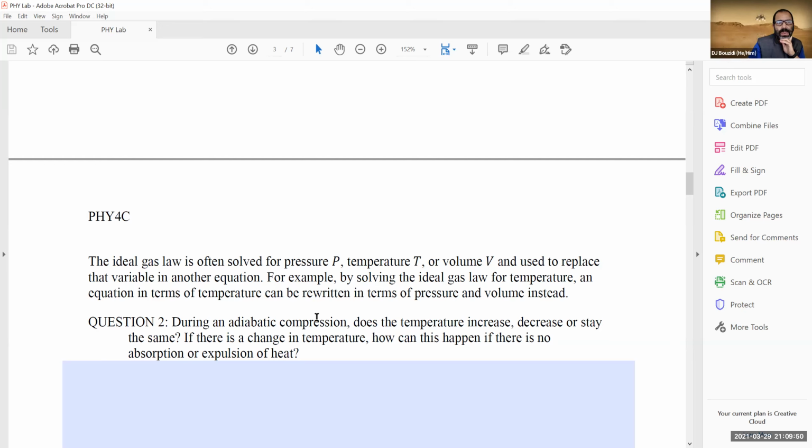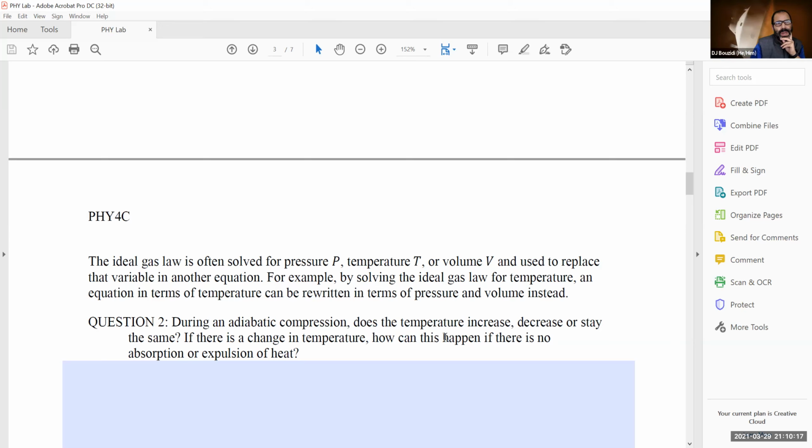The energy is changing in this case, but we have a compression. We're going from an initial volume to a final volume that is smaller, because the volume is going down. And remember, PV to the power gamma is constant. So because it's a compression, the pressure must go up.